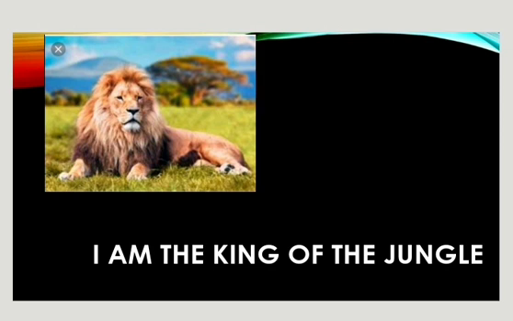So you will also write in your practice book, in the bubble beside that picture of a lion, I am the king of the jungle. Okay, understood? So let's come to our next slide.